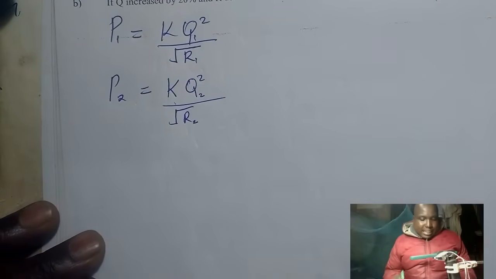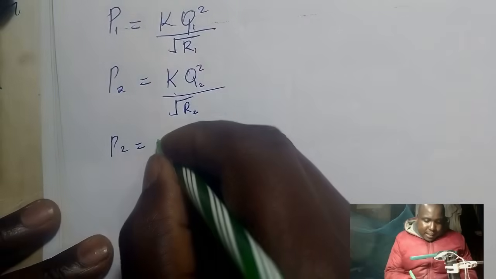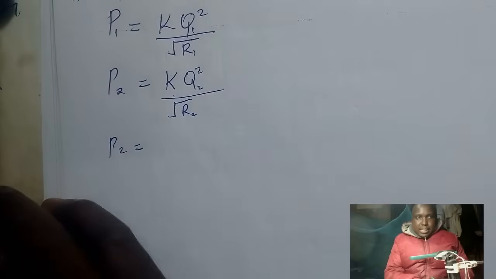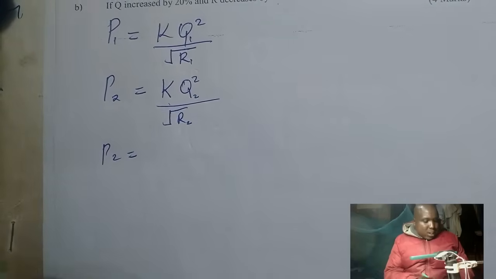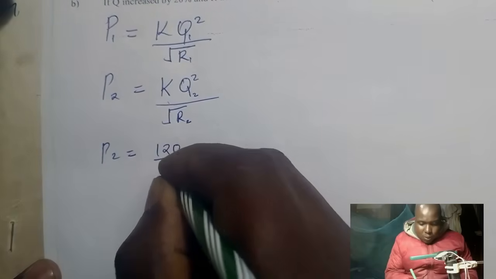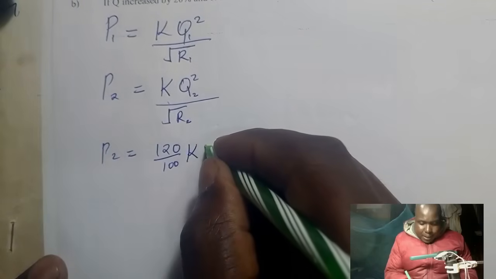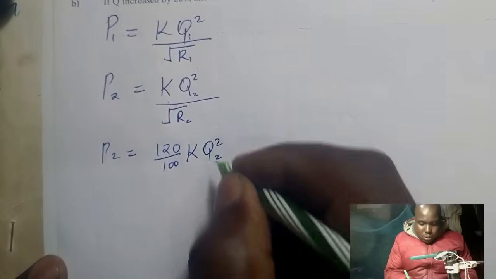Now let us increase. So P2 is going to be, we are going to increase Q by 20. When you increase, initially it is 100%, so it is going to be now 120. So we are going to have 120 over 100 k Q2 squared.